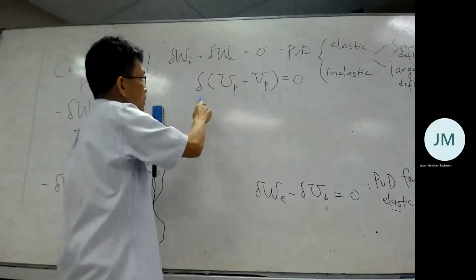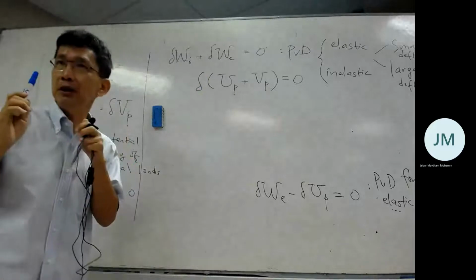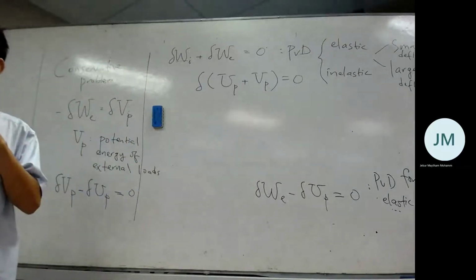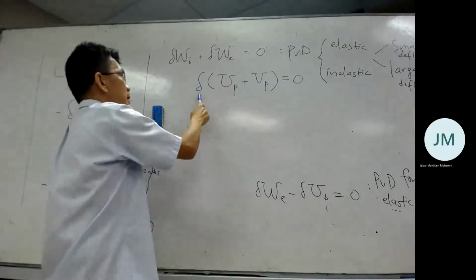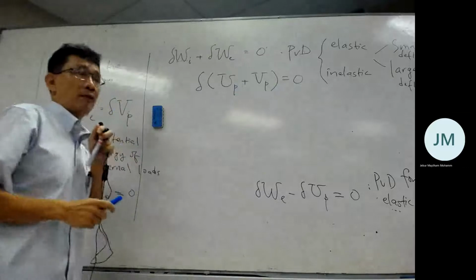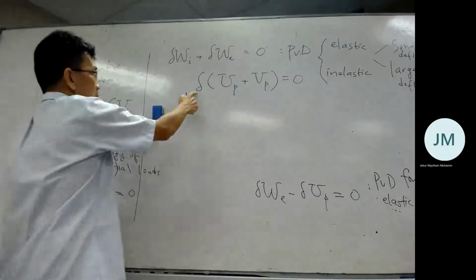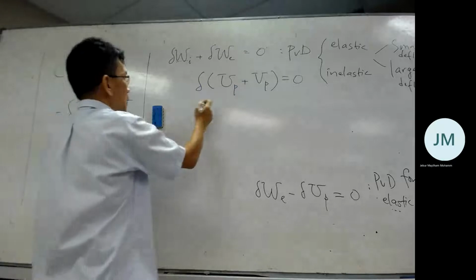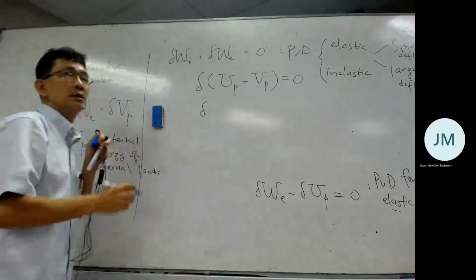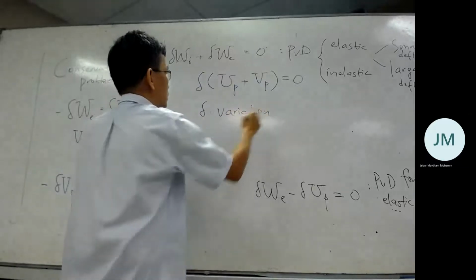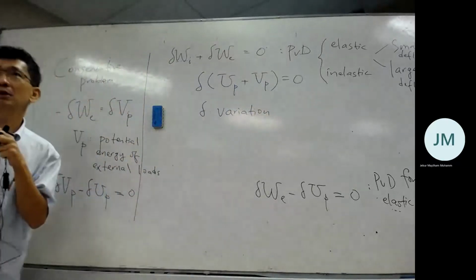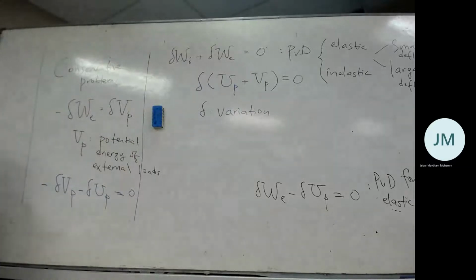So this comes from this, and it also applies to system in equilibrium. For system in equilibrium, delta of this plus this must be equal to 0. Now, this delta can be understood here as variations, a change. You can understand this delta here at this stage as a kind of variation or change.